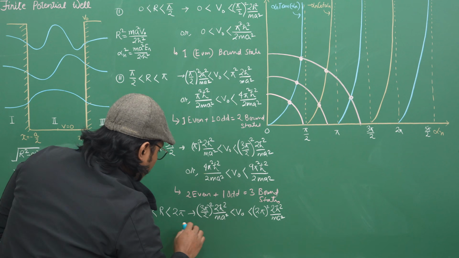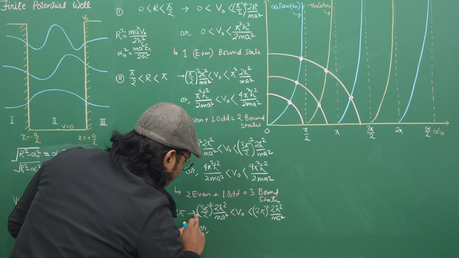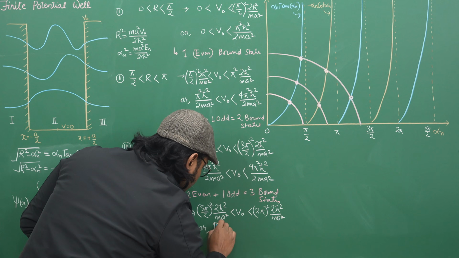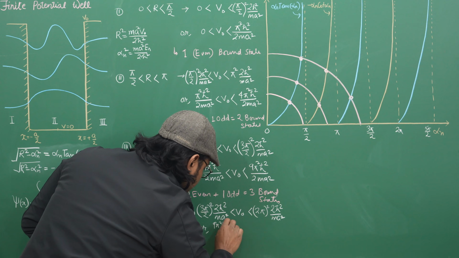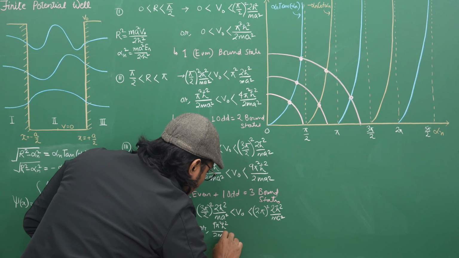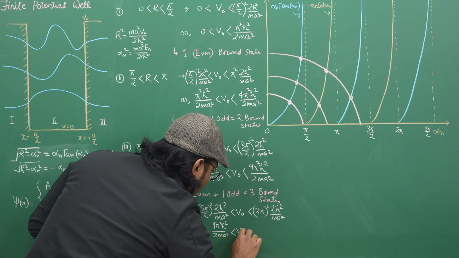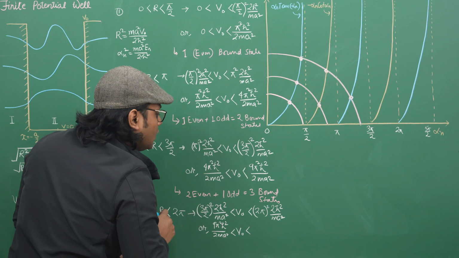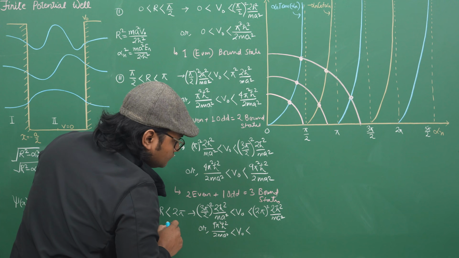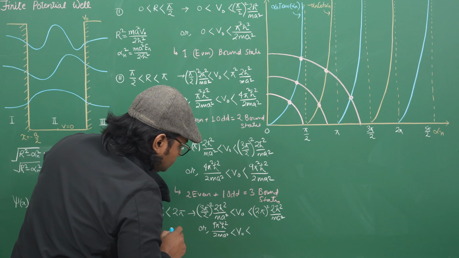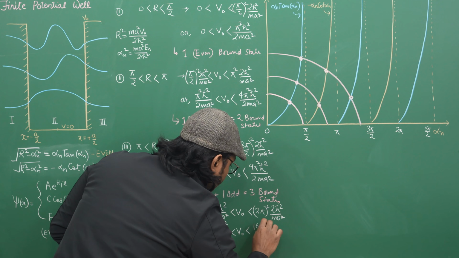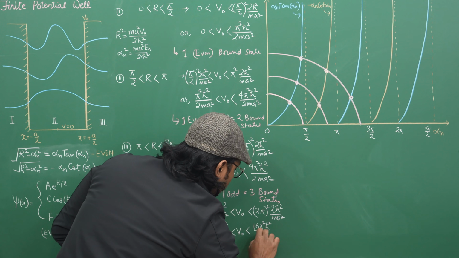So this simplifies to 9 pi square h cross square upon 2ma square less than V naught less than, here we have 4 into 4 is 16, 16 pi square h cross square upon 2ma square.